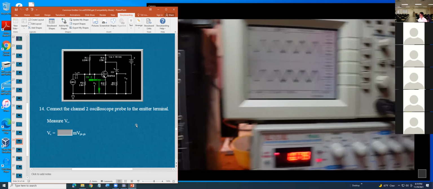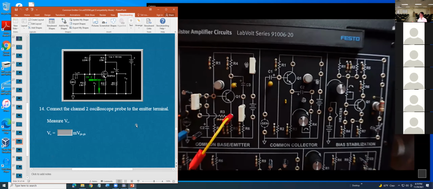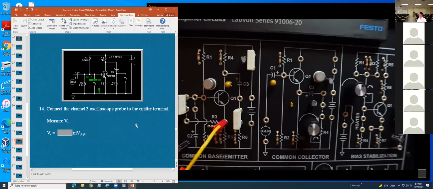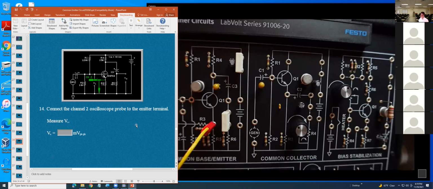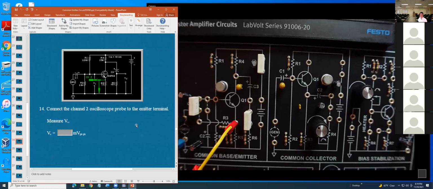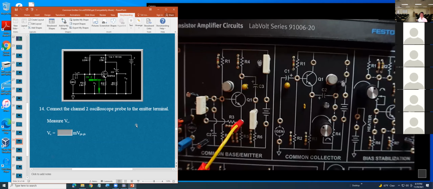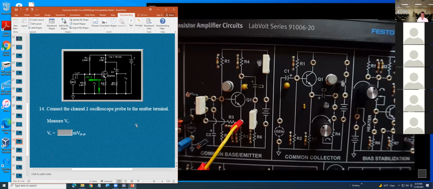So if you're looking into the circuitry here, you can see that the voltage at the base goes into the emitter.